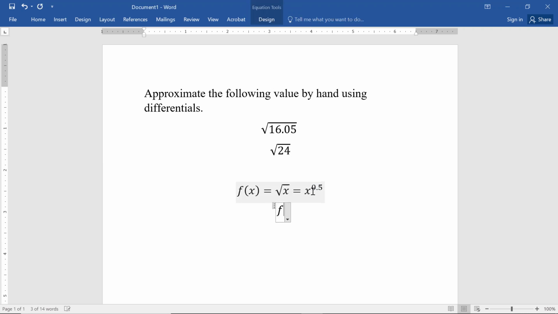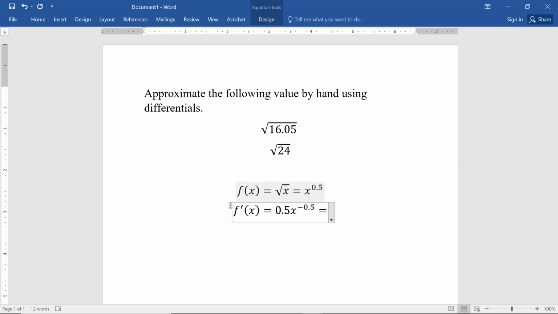In order to use differentials, I'm going to have to calculate a derivative. It's easier to calculate a derivative using the exponential version because the 0.5 can come out front. Then the exponent can be lowered by 1. 0.5 minus 1 becomes negative 0.5.